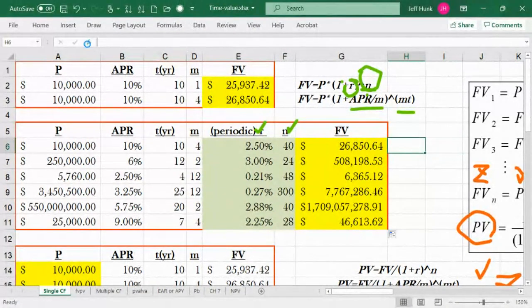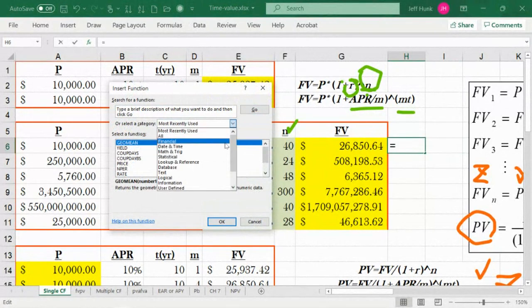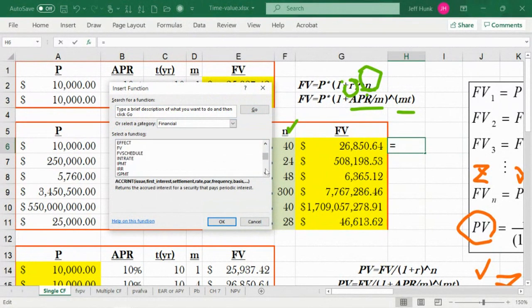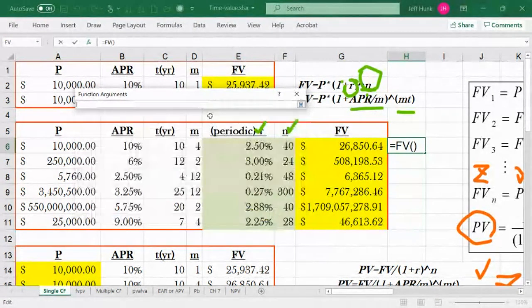The built-in function is a black box. In other words, it's just a calculator. You will have to enter the rate, and it's better to enter this rate.